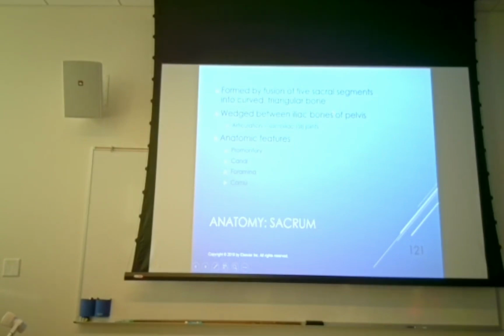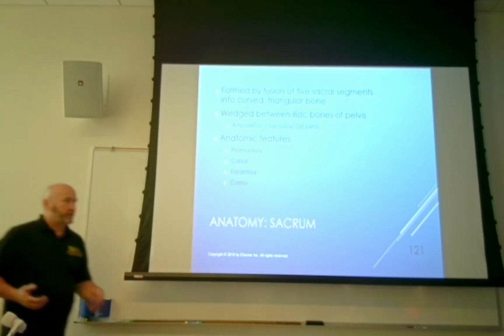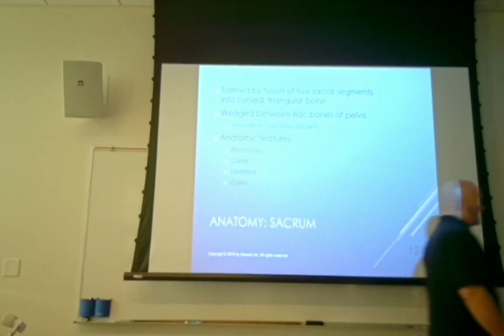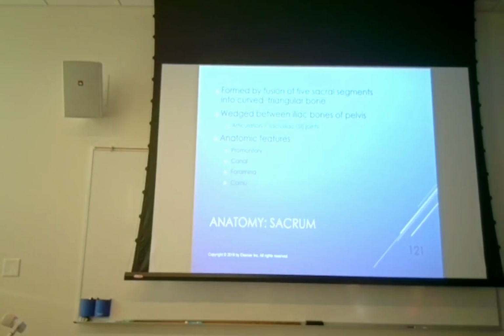So the sacrum then is kind of like a number of vertebrae that are fused together to create one big bone, and its articulation with the iliac bones of the pelvis is at a place we call the sacroiliac joints.